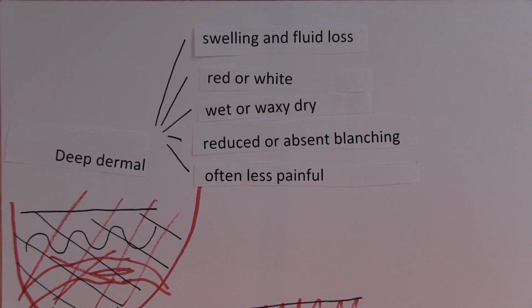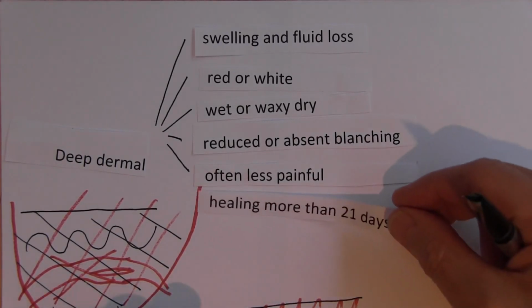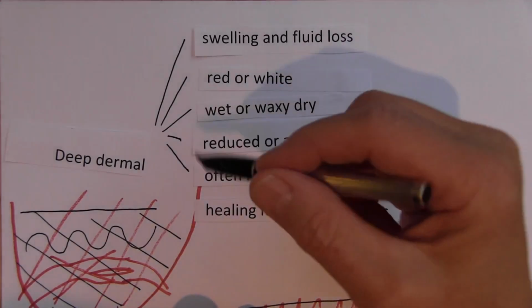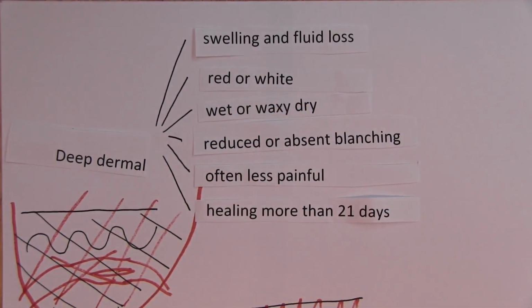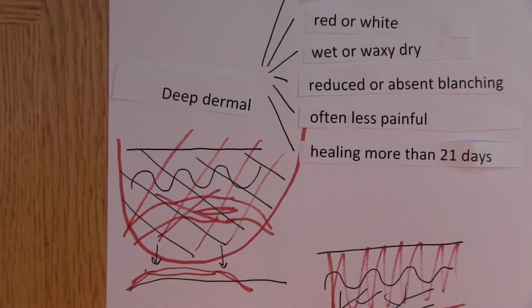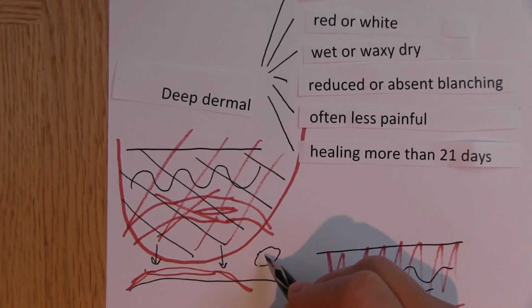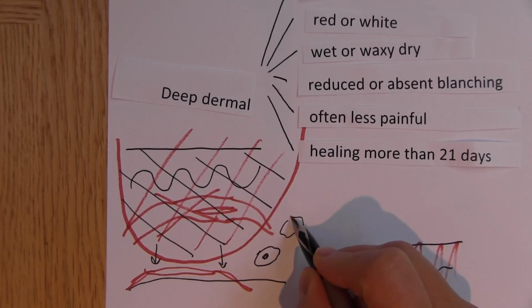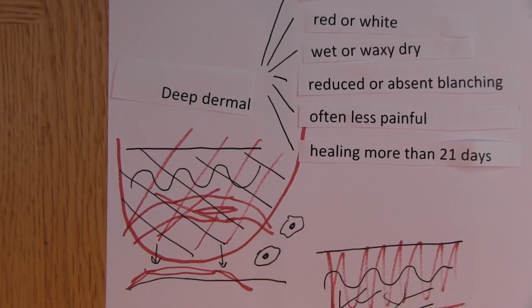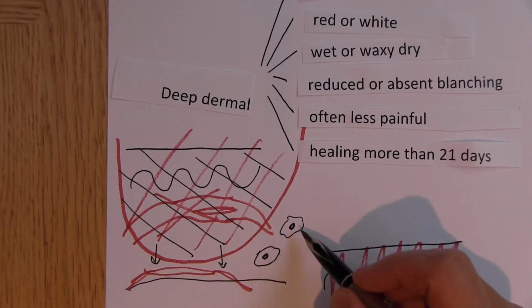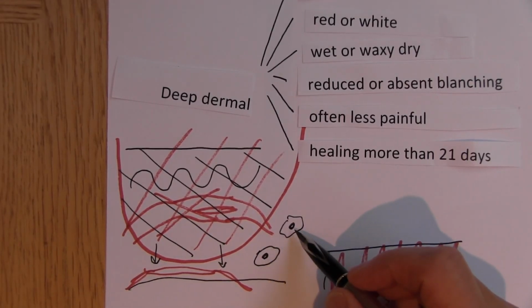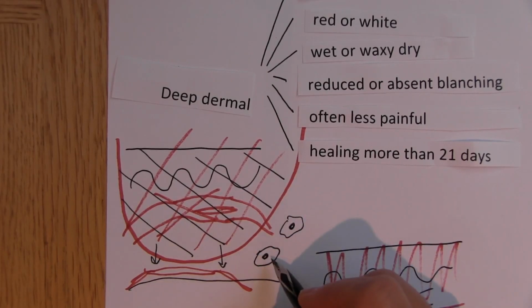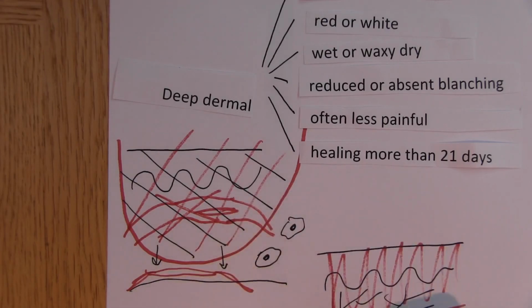Now, healing in these wounds, there's a lot of tissue been lost, so healing is often more than 21 days. It can take a long time to heal. Now, the healing often takes place from fibroblast cells, which are found throughout the dermis. But of course, a lot of dermis is lost, so there's less fibroblast cells left to facilitate healing, because it's the fibroblast cells that produce the fibrous tissue to regenerate the dermis.